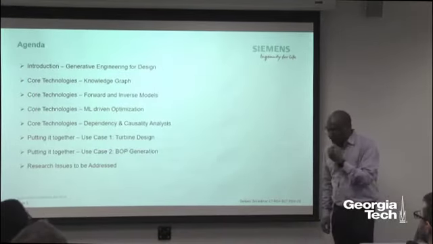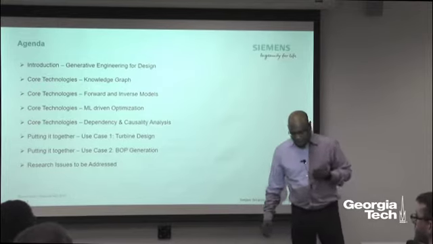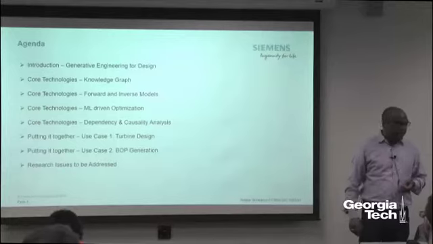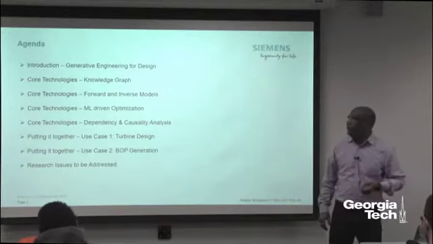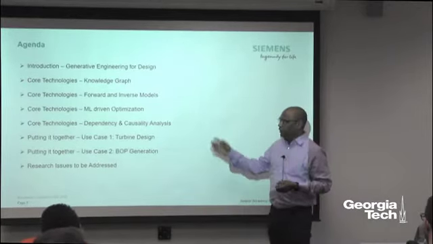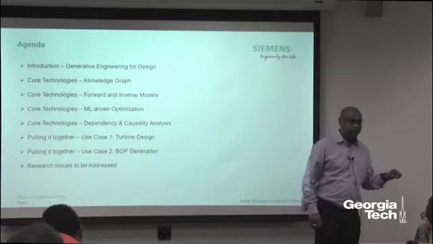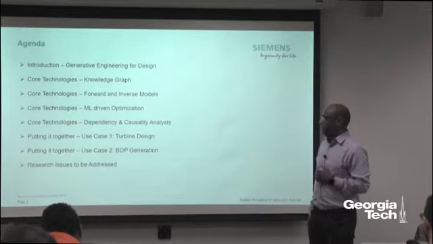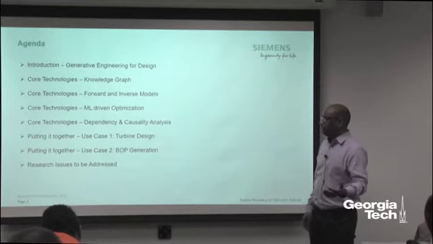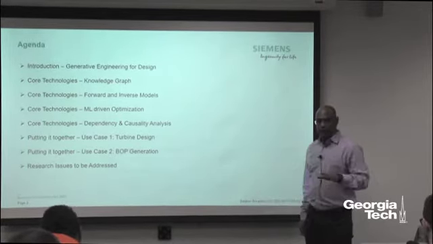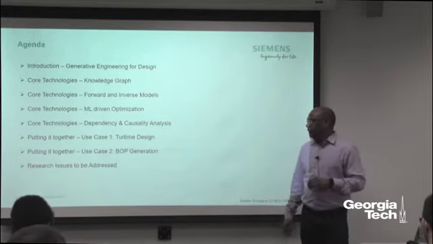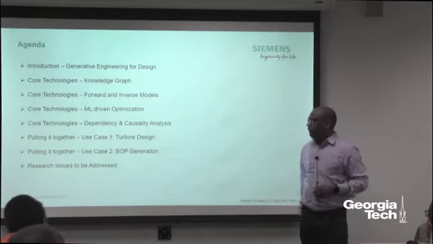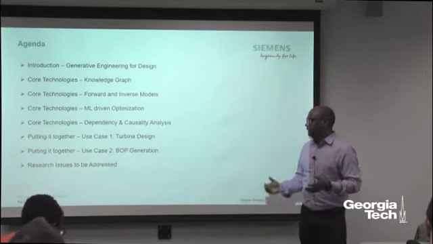So the outline of my presentation: I'll give a brief overview of the concept which we have been working on for the last 2-3 years, which is generative engineering for design. Then I will talk about some of the core technologies within that framework, which go towards development of that kind of framework for application to different use cases. Then I will talk about a couple of use cases from 2 different areas where we try to put together these technologies in order to address certain issues.